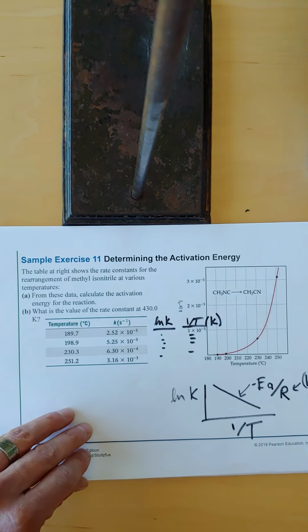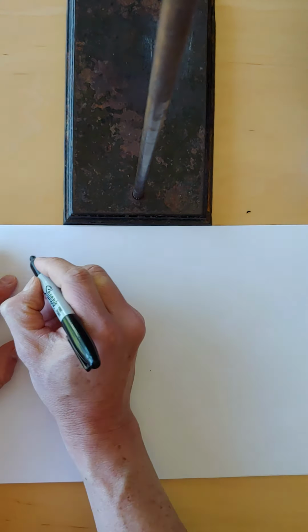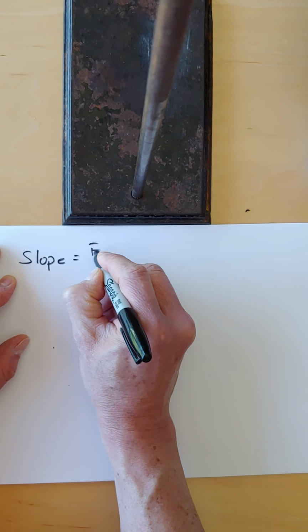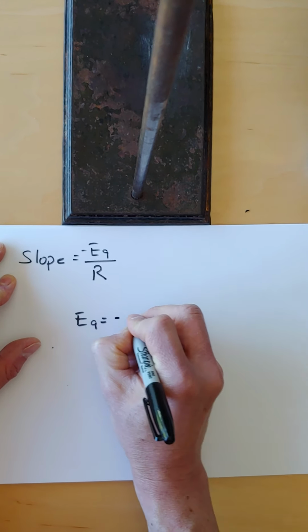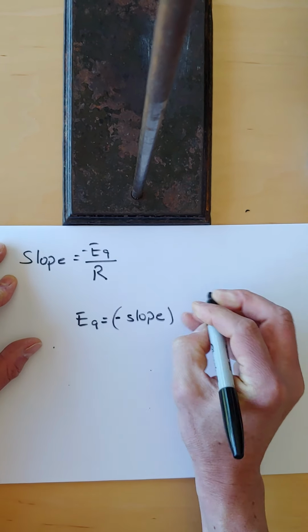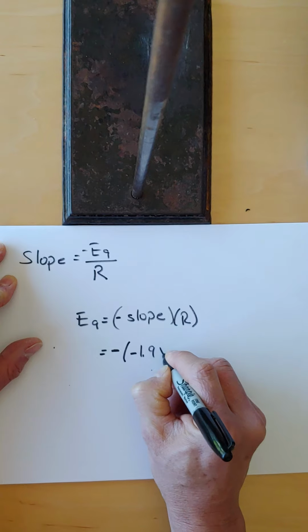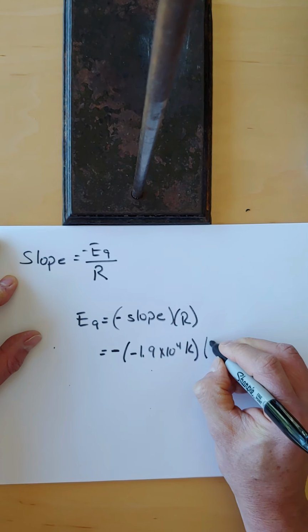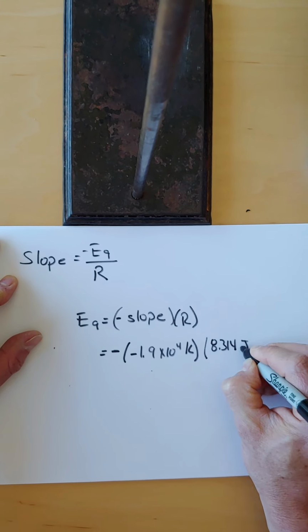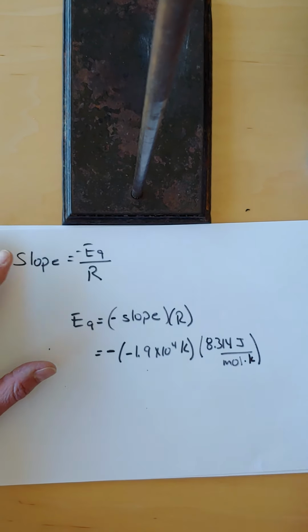I have my slope, and my slope again equals minus my activation energy divided by R. My activation energy equals negative slope times R. So my slope was negative 1.9 times 10 to the fourth, with units of Kelvin, and my R is 8.314 joules per mole per Kelvin, right? And that gives me a really big number.